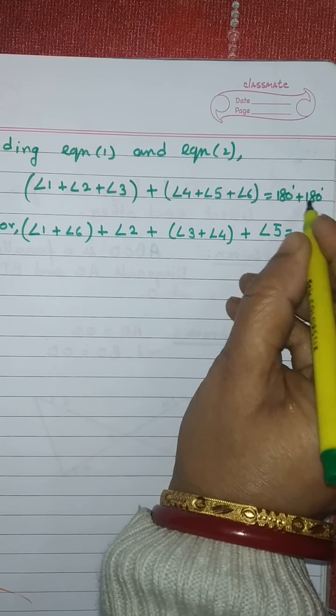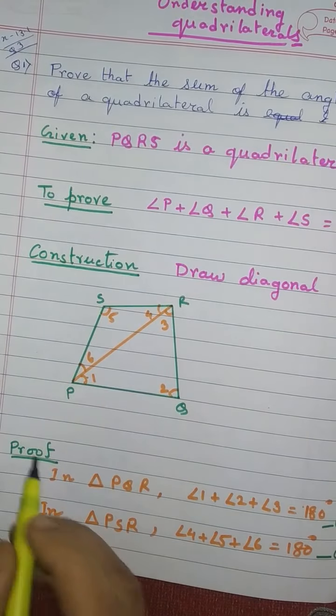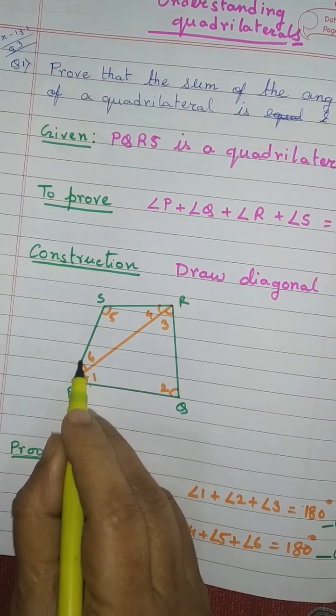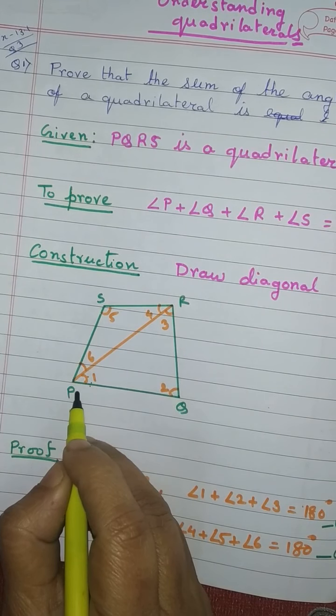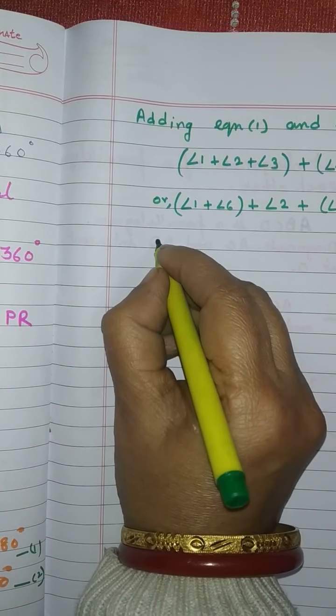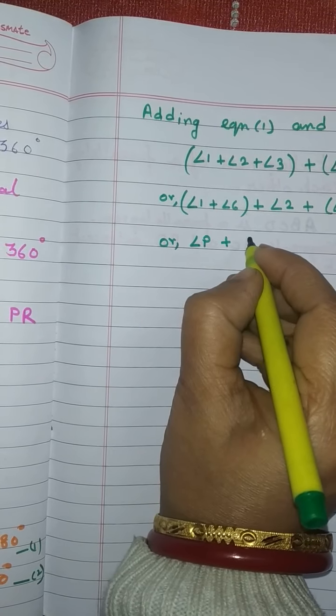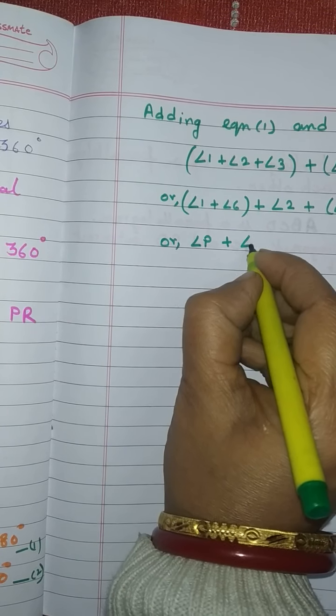That is equal to 180 plus 180, 360 degree. Now look at the figure. 1 plus 6 together, that is angle P. Plus angle 2, that is angle Q.